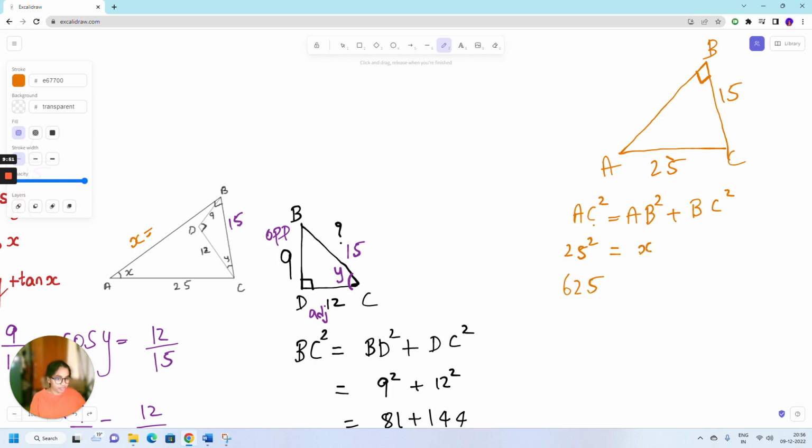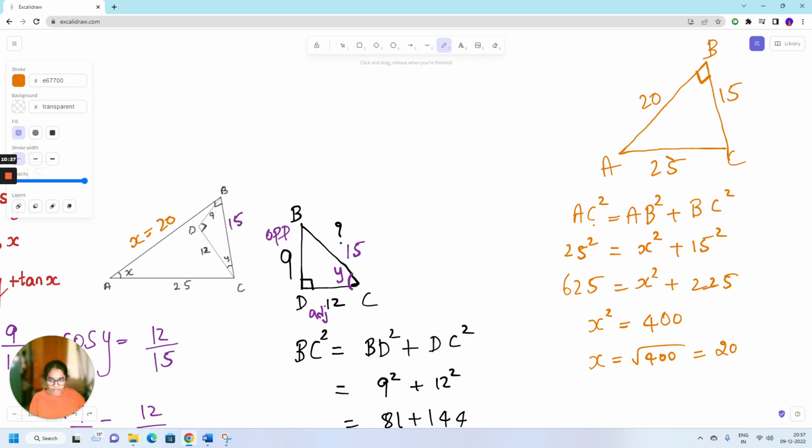That is something we have to find, so let me take it as x square. What is BC square? It is 15 square. So I would get x square plus 225. So now x square is equal to 625 minus 225, which is nothing but 400. Now if x square is 400, x would be square root of 400, which is 20. So now the value of AB is 20.